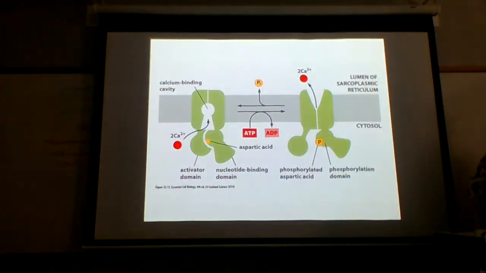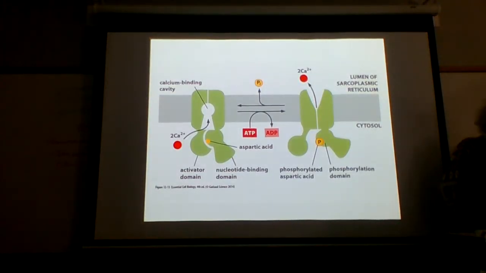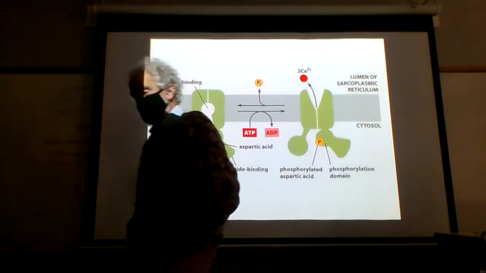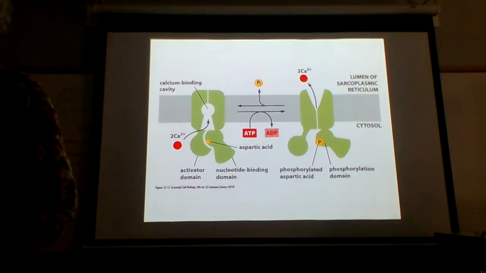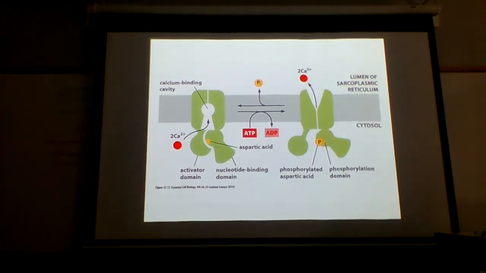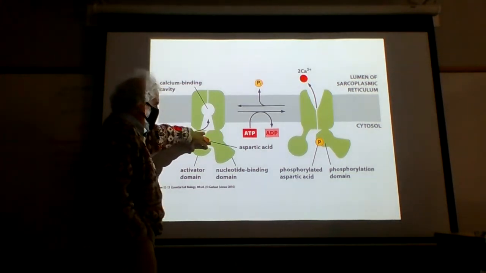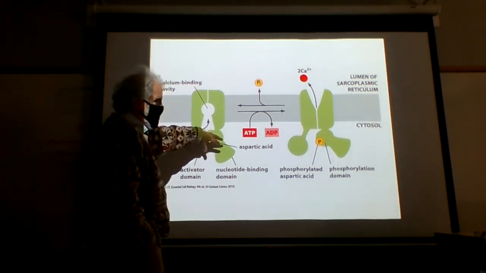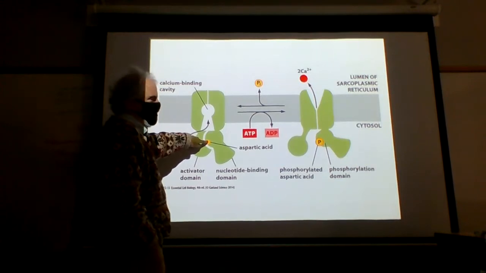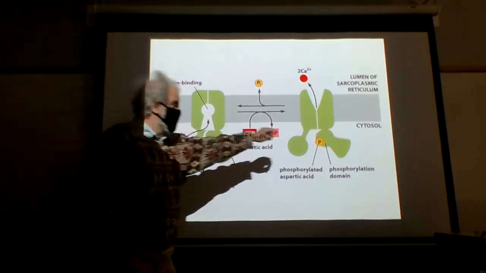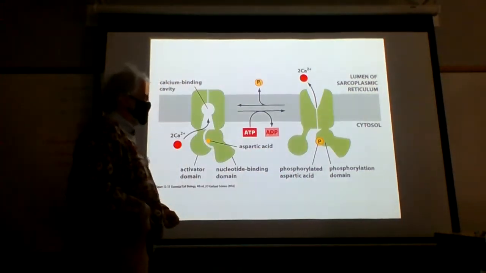We're going to go back to the board here in a moment, but this is another kind of transport system, an active transport system. In this case, it's calcium. So we were looking at sodium earlier. This is calcium. To calcium bind, there is the binding site for ATP, and the direct phosphorylation of the R group on aspartic acid, which is negatively charged but now is super negatively charged, and that causes a change in shape.